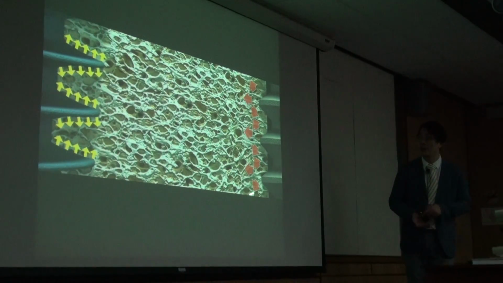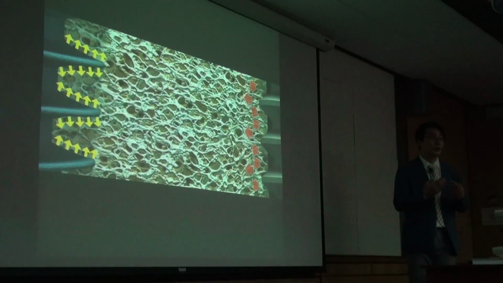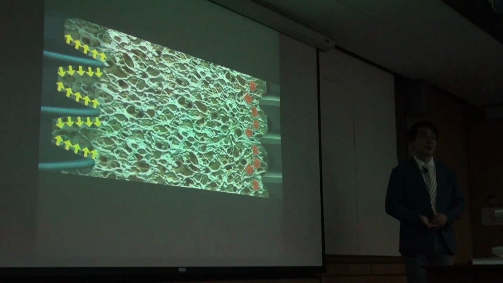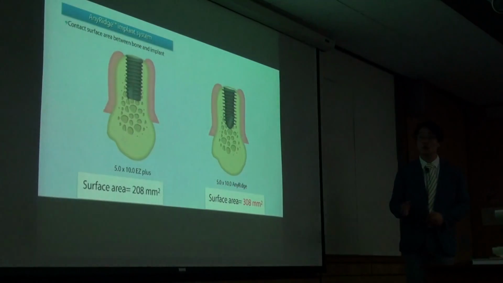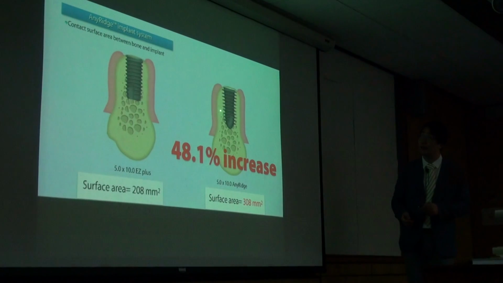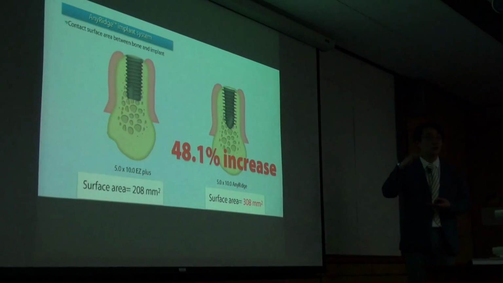Nowadays, we can make an almost final conclusion with one university in Holland, the Netherlands. This is the main reason why, when we use the deep thread implant, there is no decrease in ISQ values. It's better for the bone. And when we apply the deep thread design, we can also increase the bone to implant contact ratio.